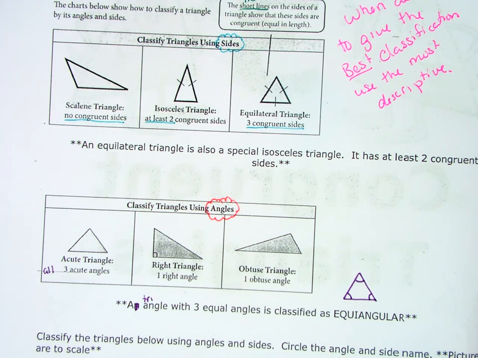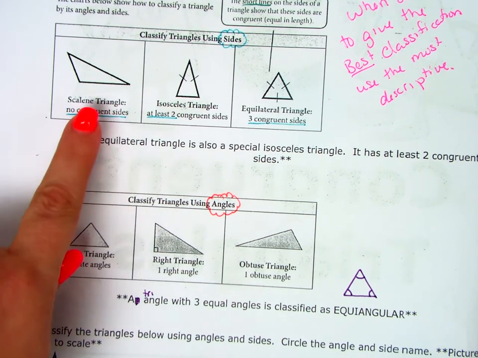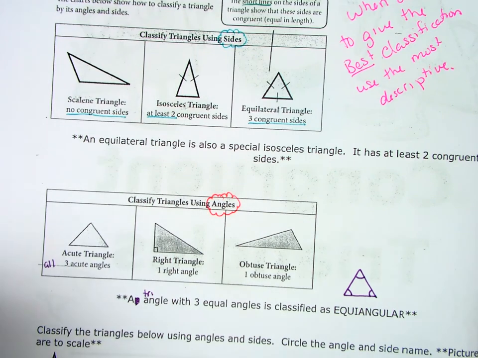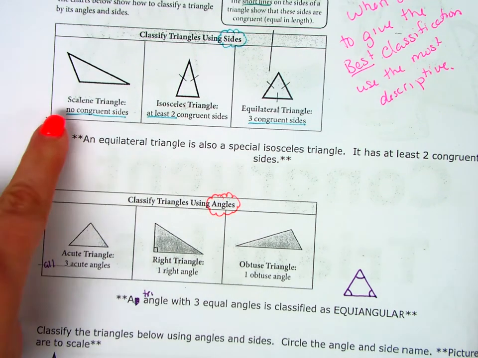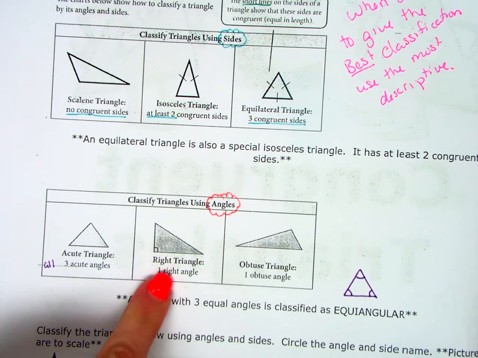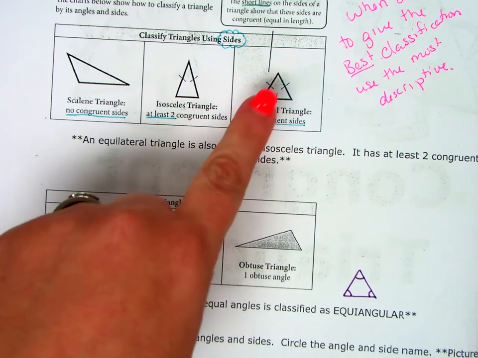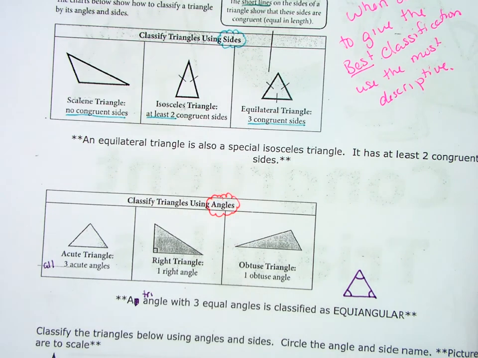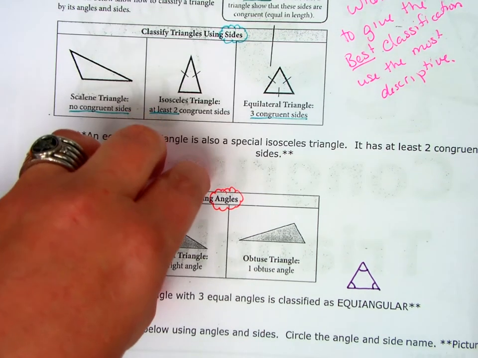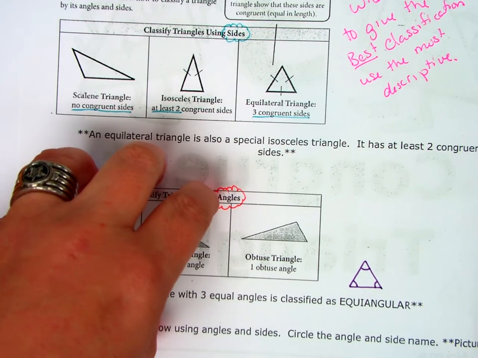So a triangle could be an acute scalene triangle. A triangle could be a right scalene triangle. A triangle could be a right isosceles triangle. A triangle could be an equilateral equiangular triangle. So you always have both. You have one from here and you have one from here. Every triangle gets 2 classifications.